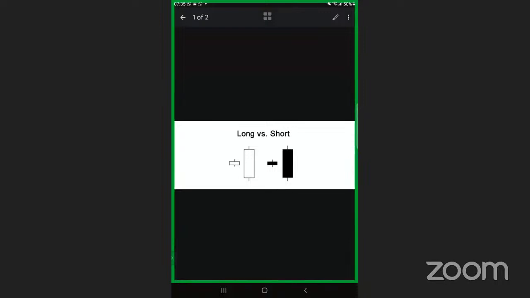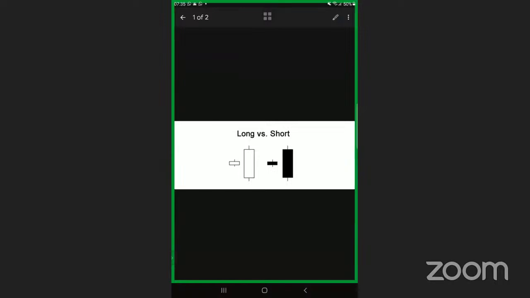I was saying that some candles are long in nature, and some of them are short. Why long and why short? What do long candles signify? What do short candles signify?